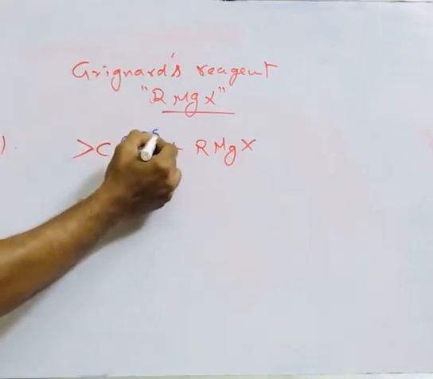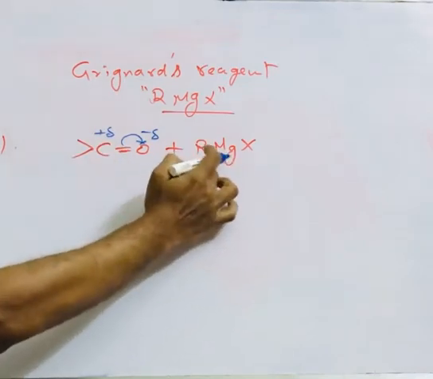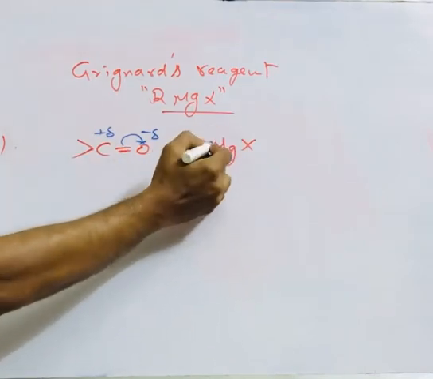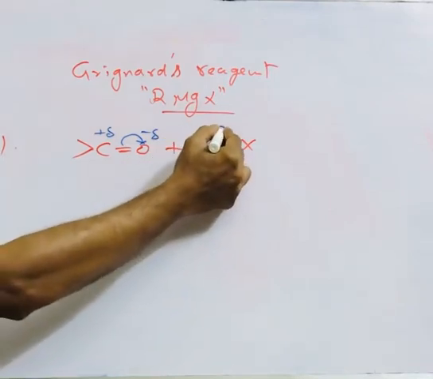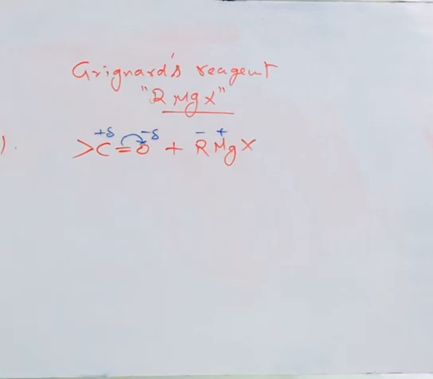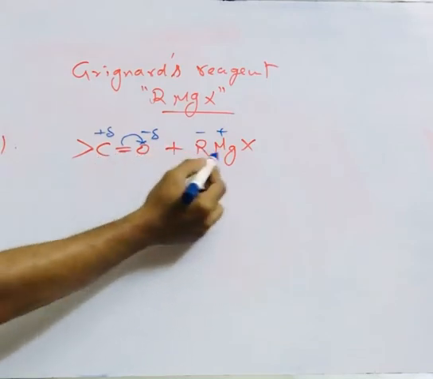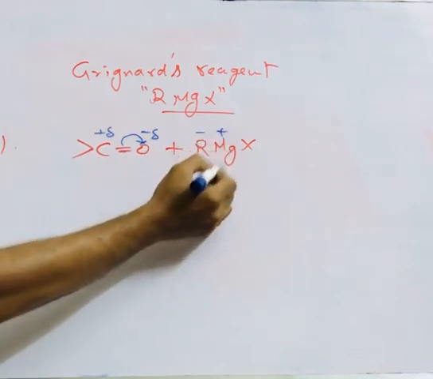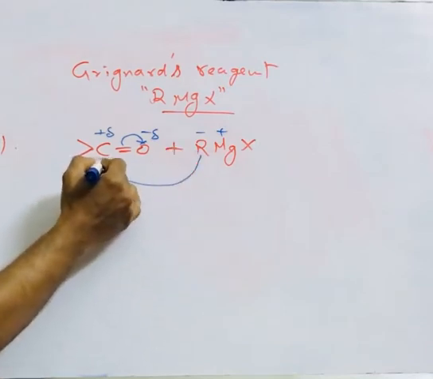So it gets a partial negative charge, and carbon gets a partial positive charge. Similarly here in the C-Mg bond, the metal is Mg, so R will get the negative and Mg the positive charge: R minus, Mg plus. So you can add the negative center to the positive center. R will come and attack this particular carbon.